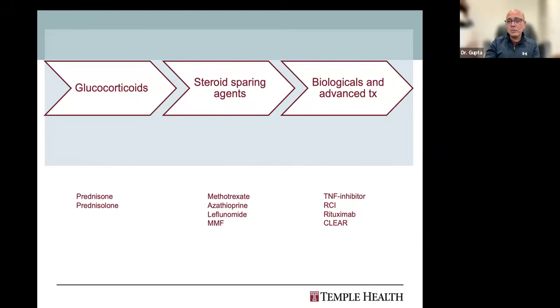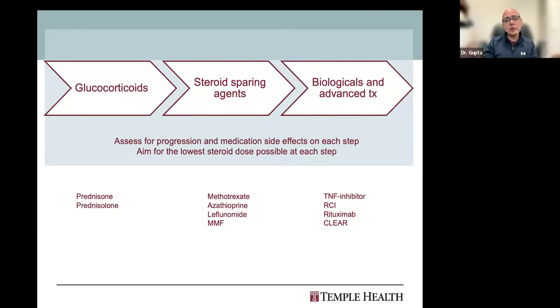There is a recent publication, and methotrexate is now considered that it can be given as a first line to some of the patients rather than just using steroids. We always assess for progression and medication side effects at each step, and we aim for the lowest steroid dose possible at each step. Sometimes, if the disease is severe, we might need to start combination though.